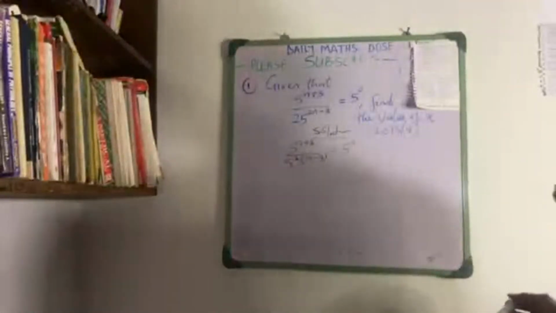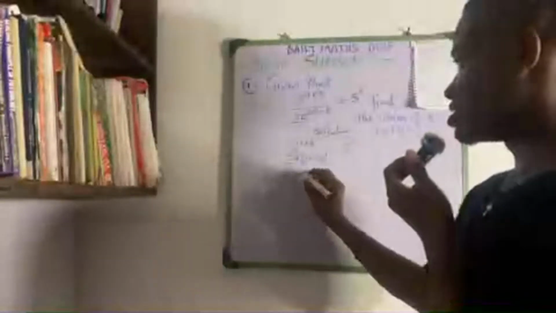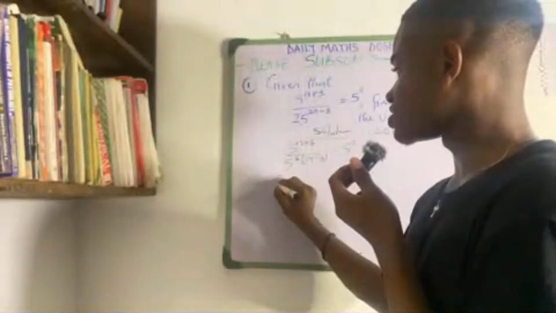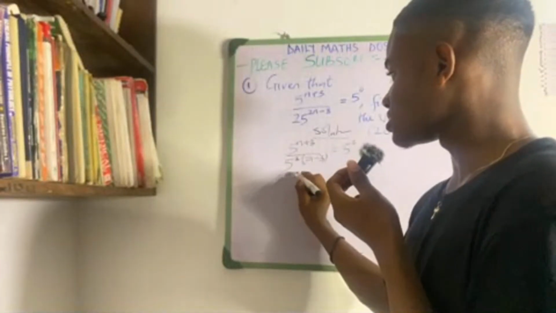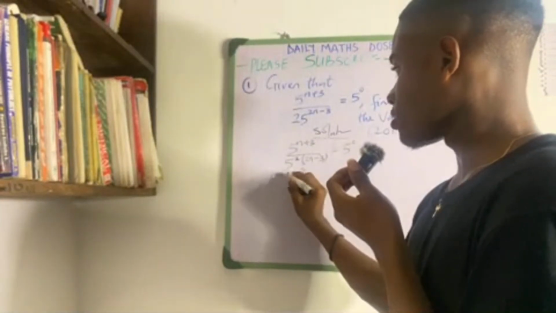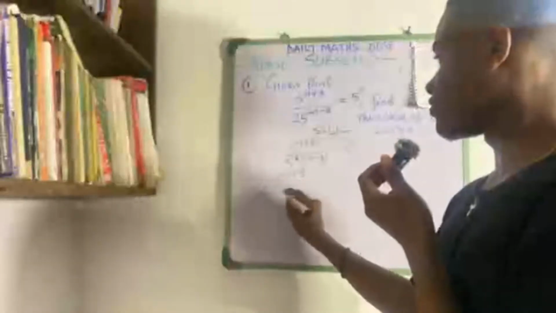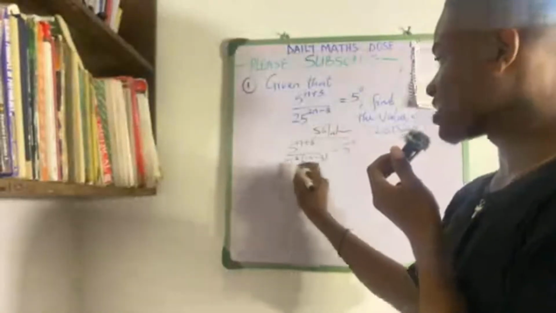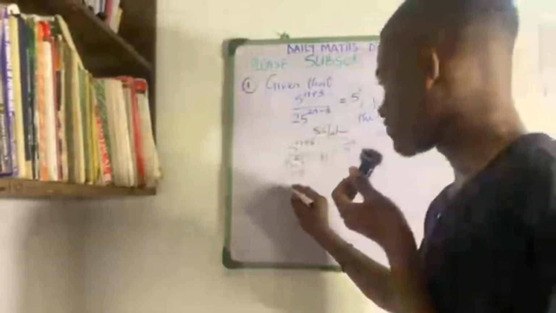Here we are going to open this bracket first. So we have 5 raised to power n plus 3 over 5 raised to power, open the bracket, 2 times 2n is 4n.